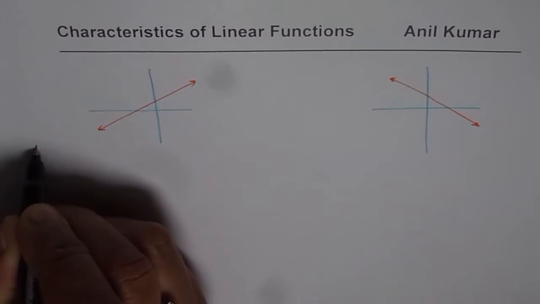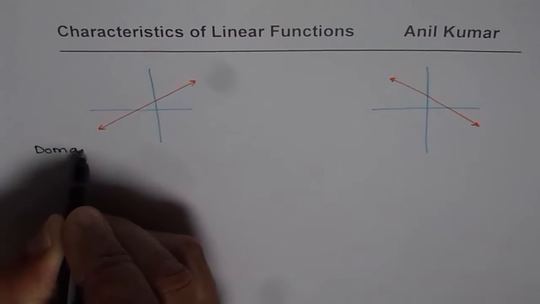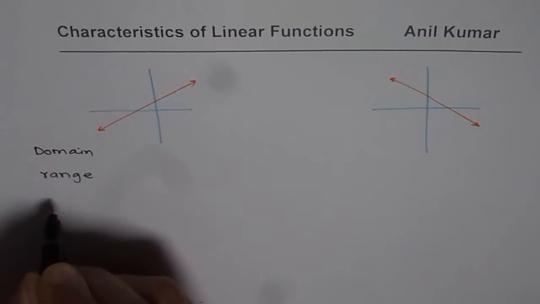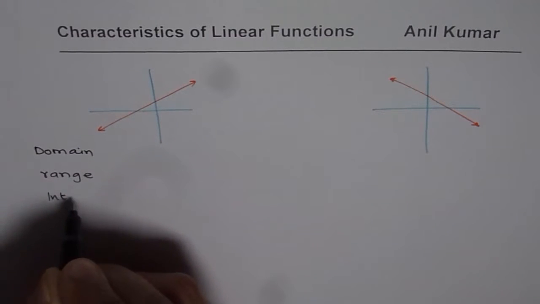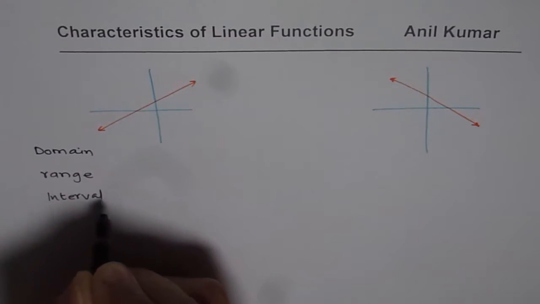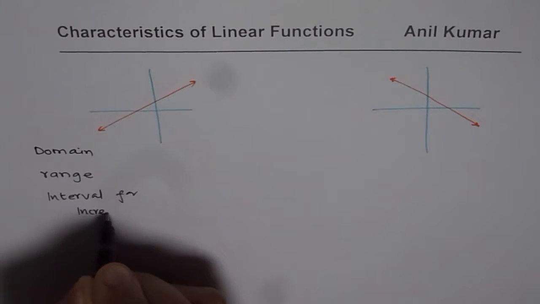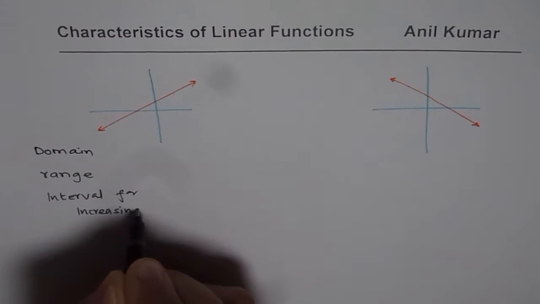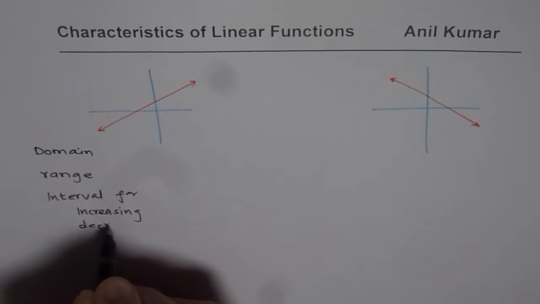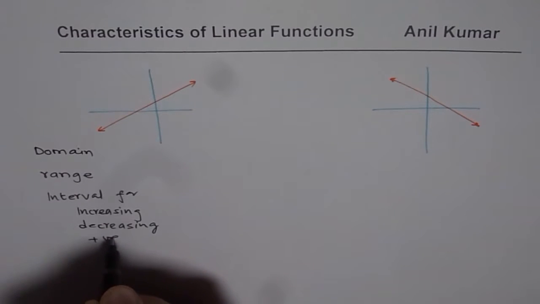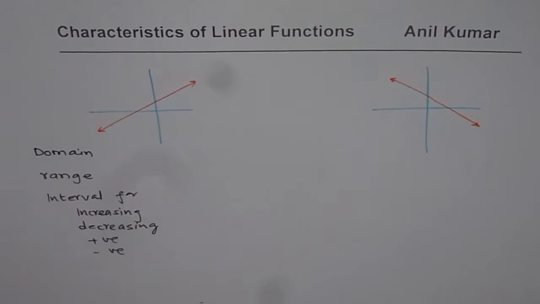They are like domain, range, interval for increasing, decreasing, positive, negative, and we have intercepts.